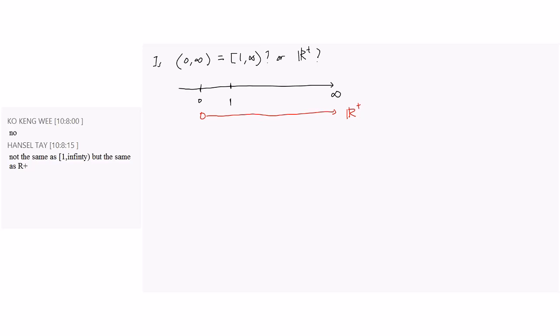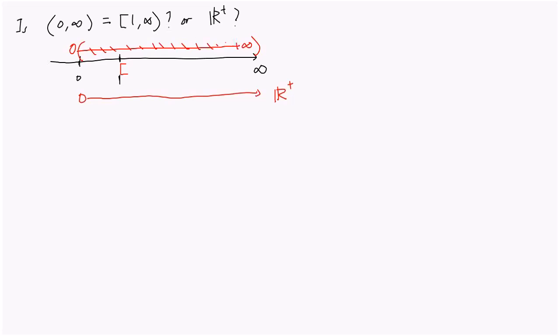It's actually the same as 0 to positive infinity, with 0 excluded, and 1 to infinity starts from here. Okay, there's some empty space.